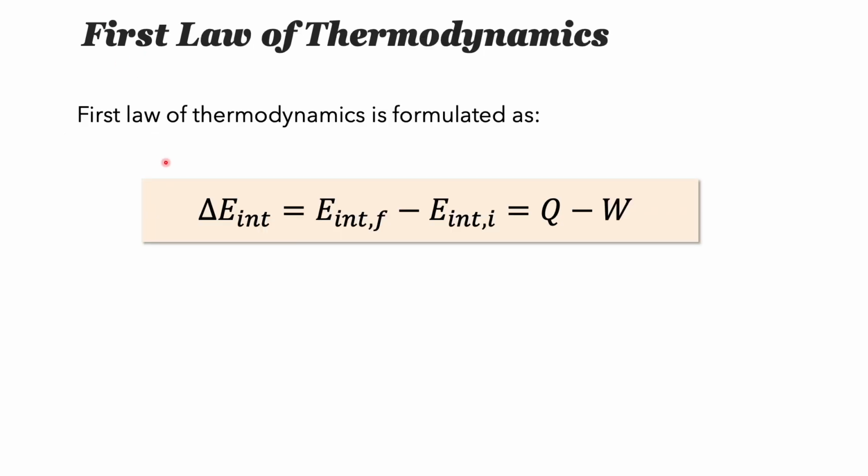Now, the first law of thermodynamics can be expressed with the help of this formula. Here delta E_int is the change in internal energy of the system: this one is the internal energy of the system at the final state, and this is the internal energy of the system at the initial state, which is equal to the heat energy supplied to the system minus the work done by the system.